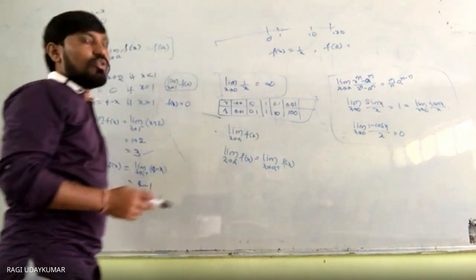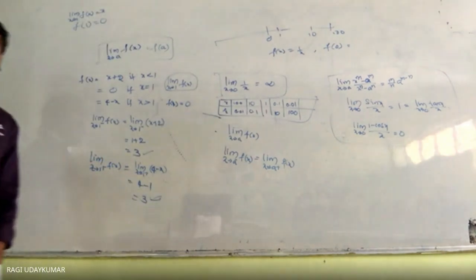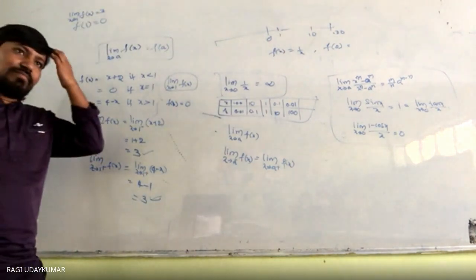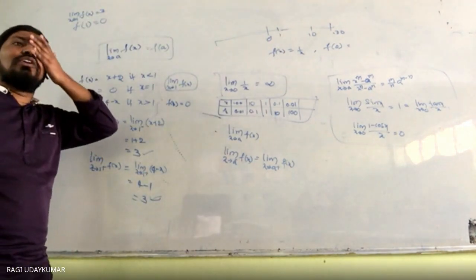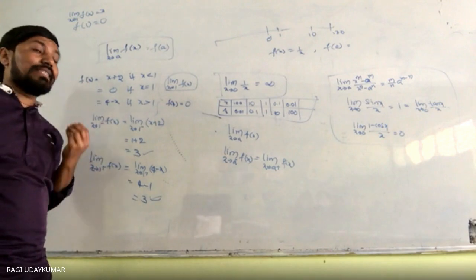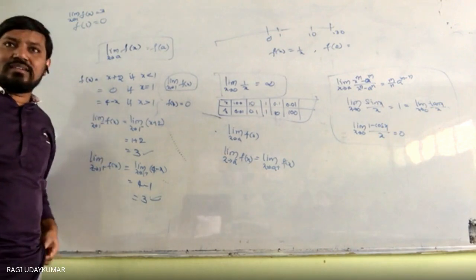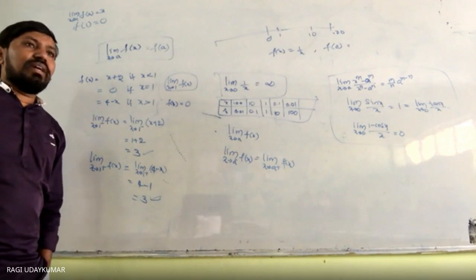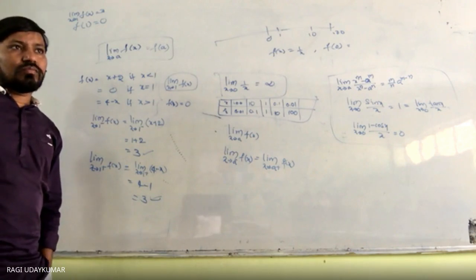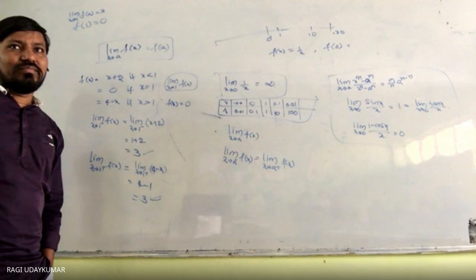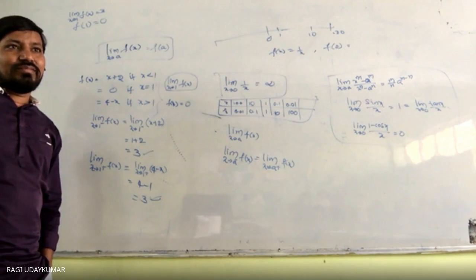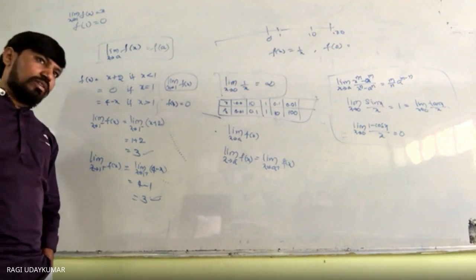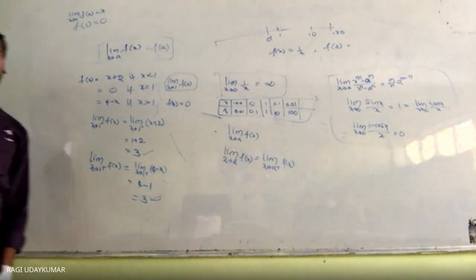Suppose the question is given to you: find the continuity of this function at x equal to 5. Can you say, anyone, whether it is continuous at x equal to 5 or not?